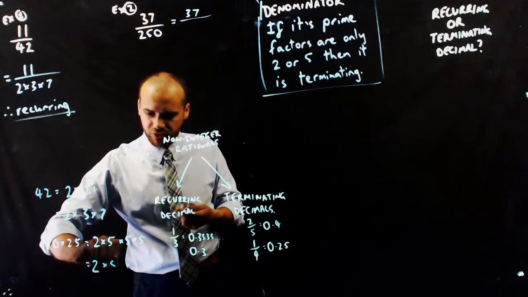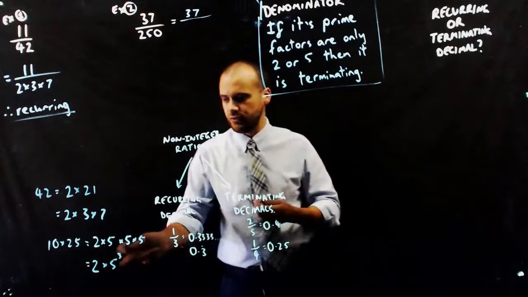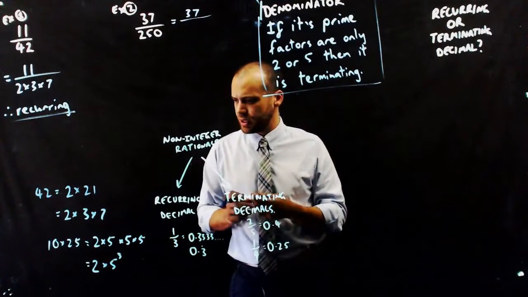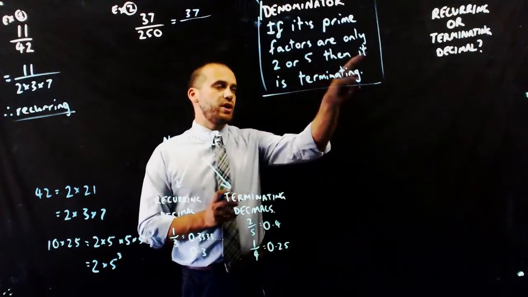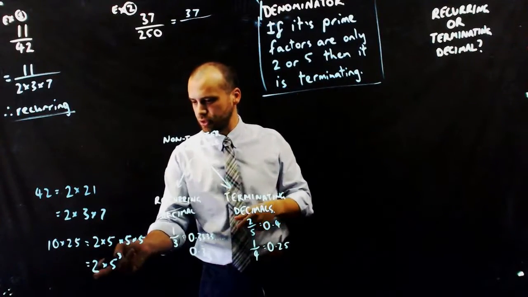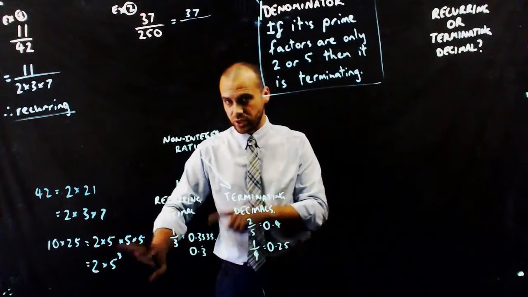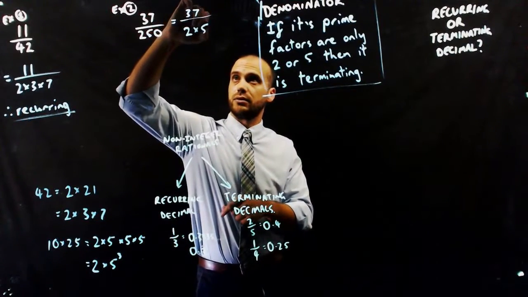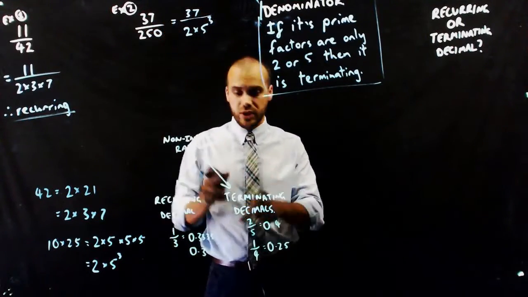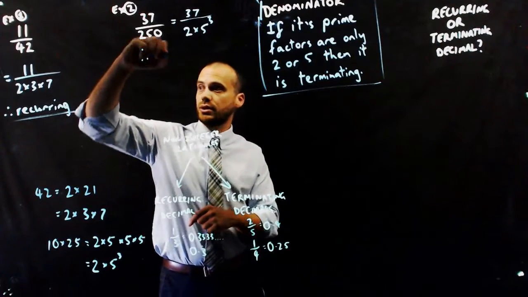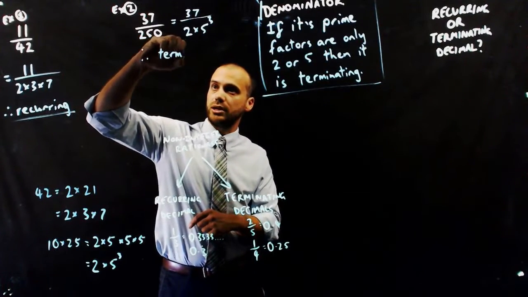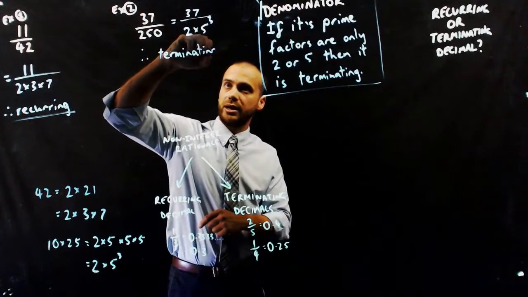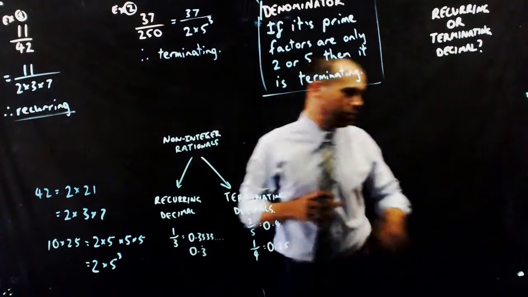I'm going to write 2 times 5 to the power of 3. If its prime factors are only 2 or 5, those are the only prime factors that this particular number has. Therefore, terminating. I better get my calculator out and make sure that I'm not lying.